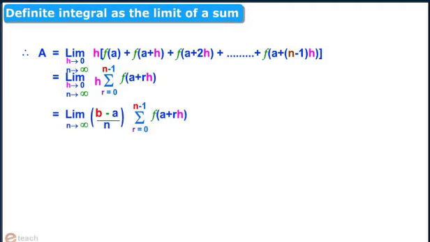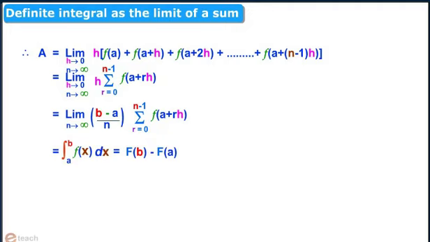Therefore, the limit as n tends to infinity of (b minus a) divided by n into the summation r equals 0 to n minus 1 of f(a plus rh) is equal to the integration a to b of f(x) dx, which equals F(b) minus F(a).